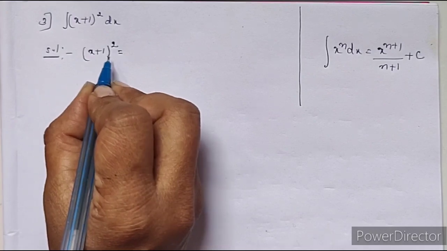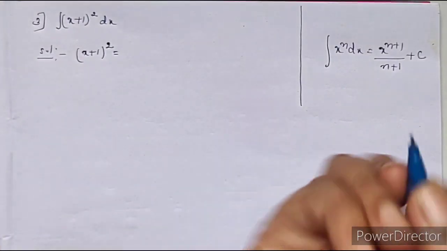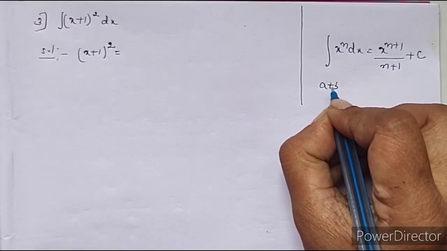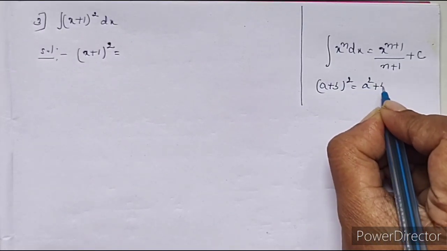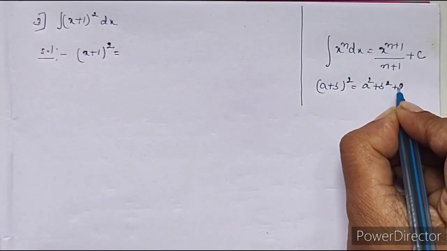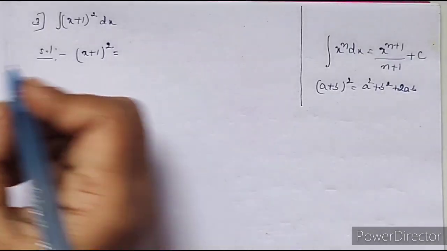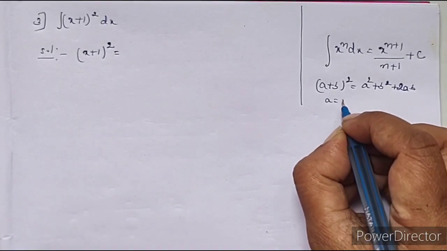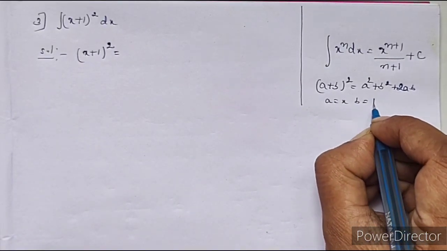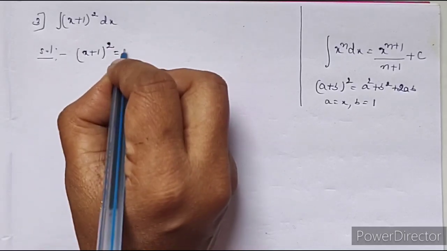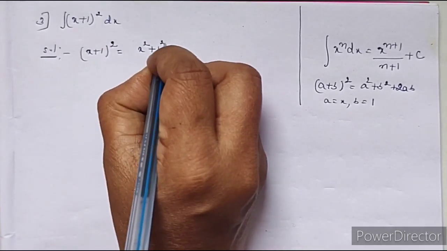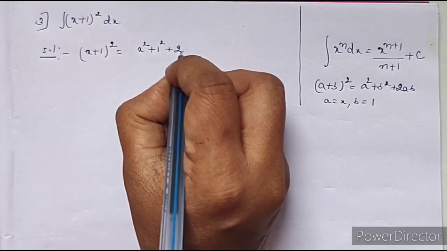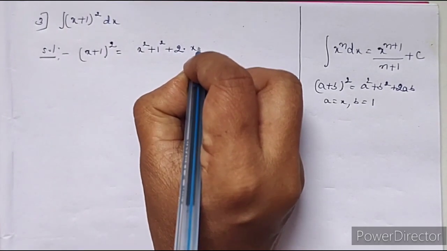You know that for (x plus 1) the whole square, you can apply the formula (a plus b) the whole square, which is nothing but a square plus b square plus 2ab. In the place of a you have x, in the place of b you have 1. So a square is x square, b square is 1 square, plus 2ab, 2 into x into 1.